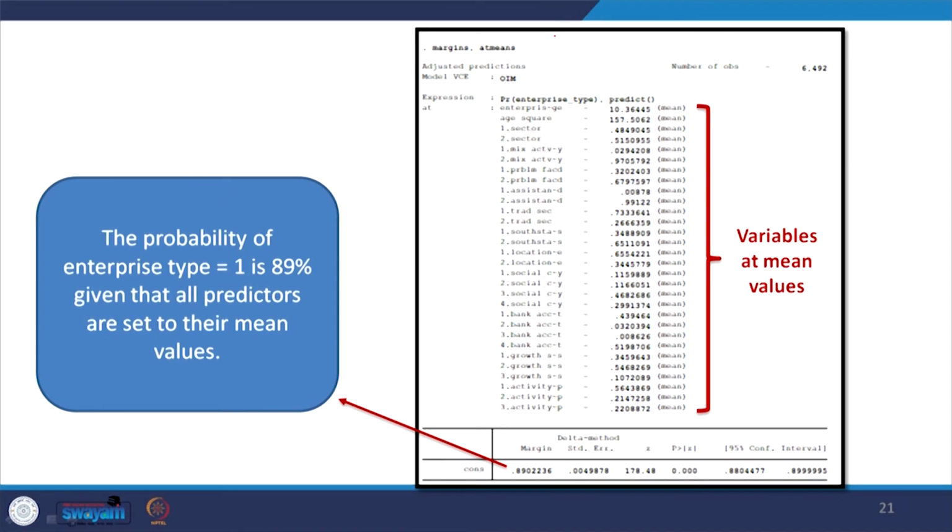All the predictors, it is highlighted here, variables at mean values. You can check, everywhere mean is mentioned. So, when all the variables are set at their mean, the probability of the enterprise being of necessity type is 89, nearly 90%, or necessity enterprises.